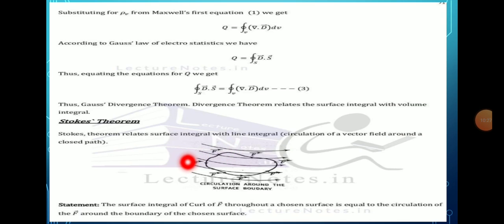Stokes theorem is given by the surface integral of the curl of F bar is equal to the whole circulation, meaning the whole boundary.